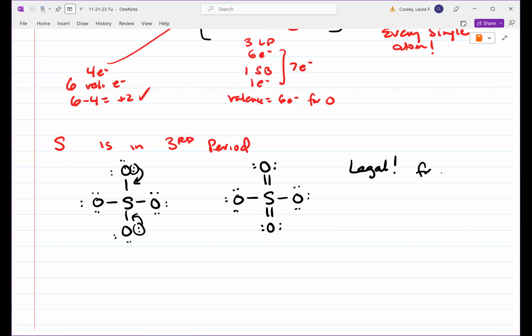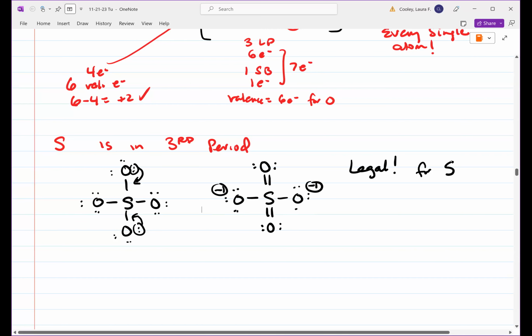So let me ask you, what are the formal charges here? What's the formal charge on this oxygen and this oxygen? They're each -1 because we just figured that out earlier. Those two haven't changed. What about the other oxygens?